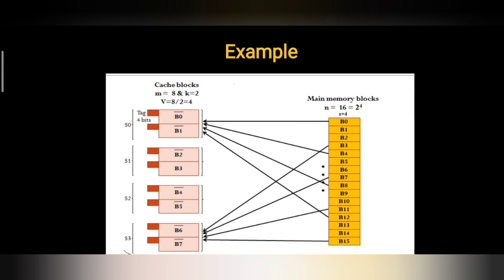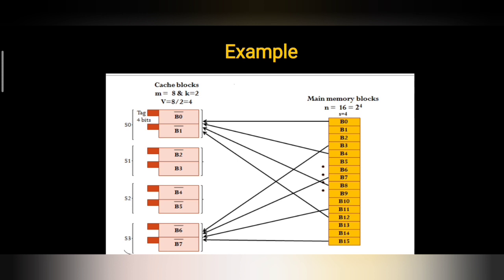Similarly, if I talk about my B15 main memory block, I can find out a particular set using the following modulo function, which says that i equals j modulo v. So j is 15, and v is 4.